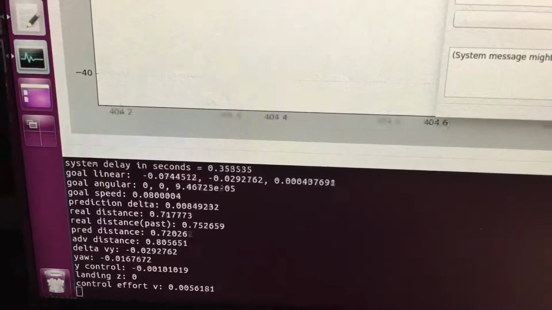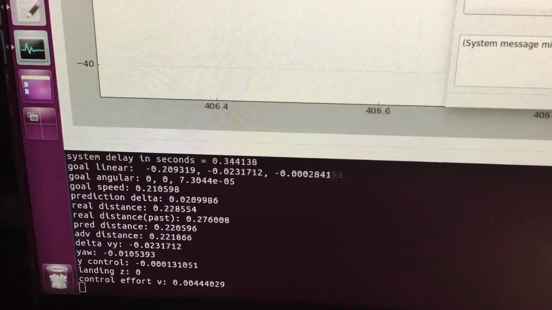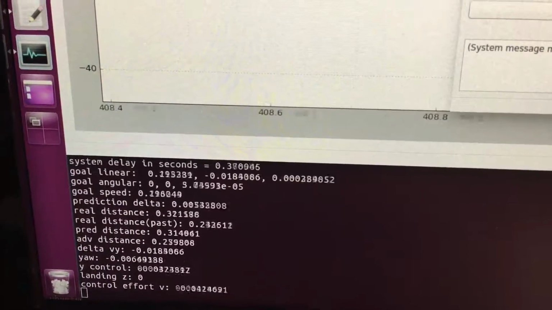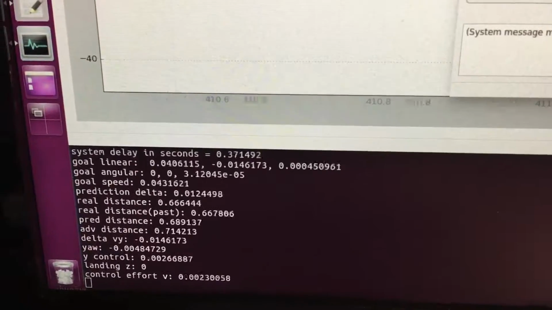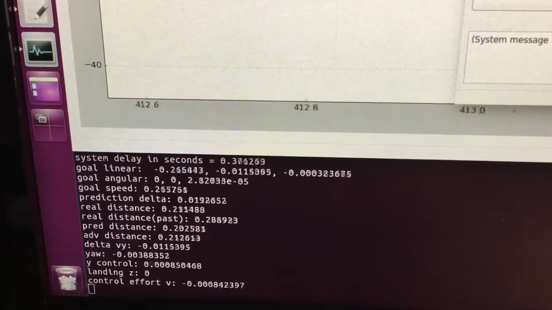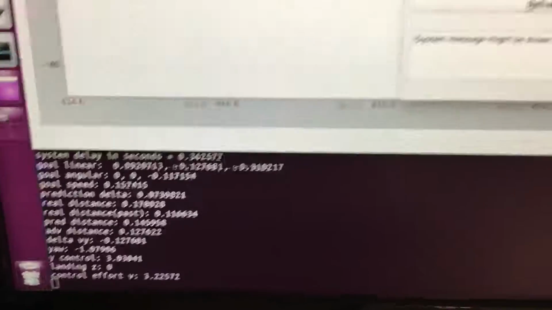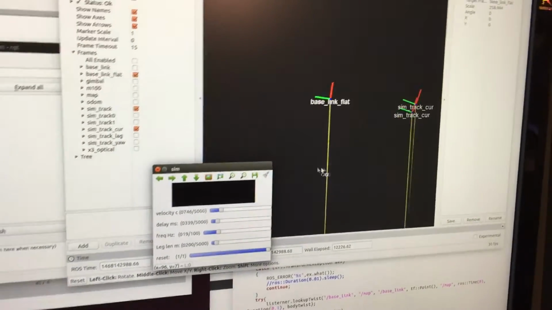Alright, it's back on track again. As a result, you can see the distance drop down to almost under, yeah, it stays under half a meter. And there we go, back into the turn.